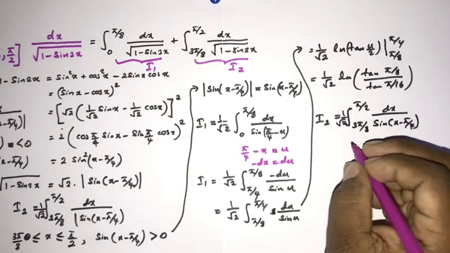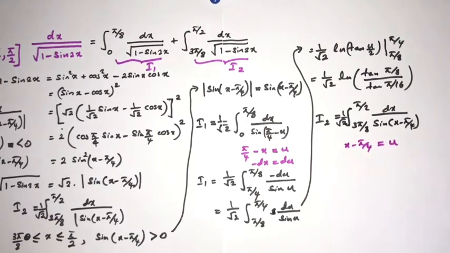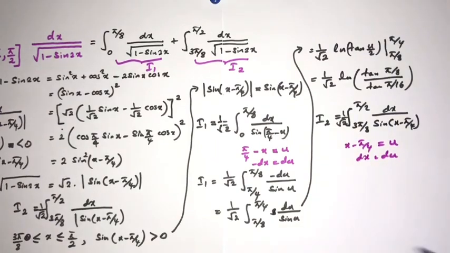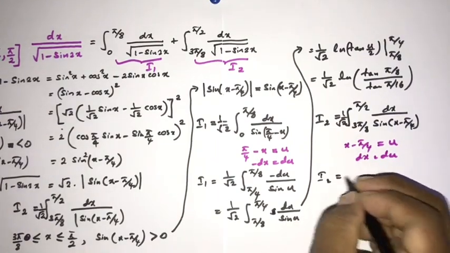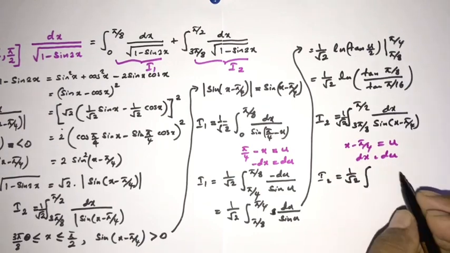We take x minus π/4 equal to u, then dx is equal to du. Now I2 is equal to 1 over square root of 2. We should change the boundaries.